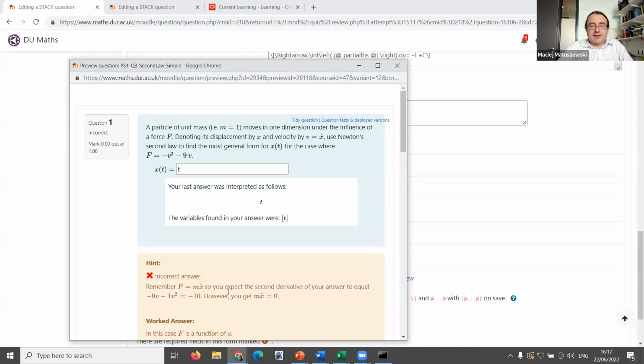In this case, I was able to put the student's answer into both sides of the equation and show that they don't match. That's actually what I really like about STACK, being able to do things like that, being able to give students very useful feedback, I think.